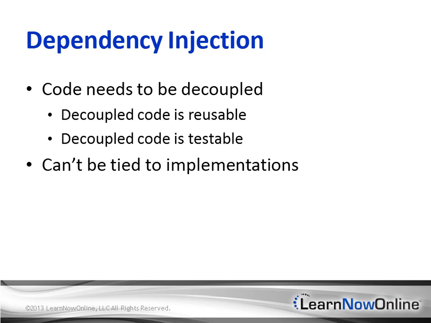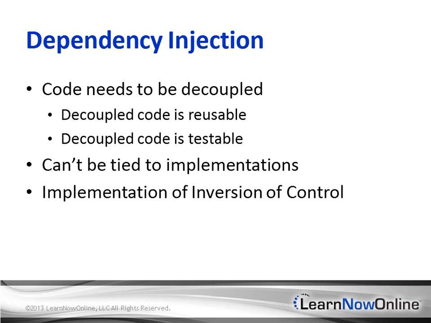We'll talk through this. This is an important key concept to keep in mind, and it's a huge paradigm shift for a lot of people when they come to dependency injection for the first time: this idea that instead of code forming its own objects within it, it's going to get all the objects in from the outside. So the code is going to be tied to abstractions like interfaces or abstract classes instead of actual objects that it creates.